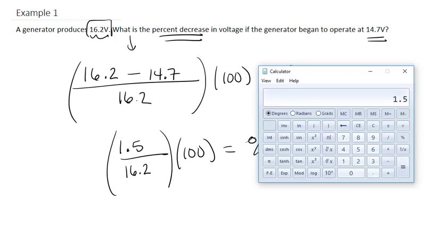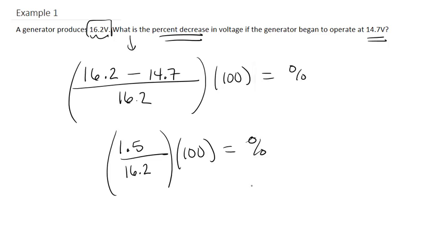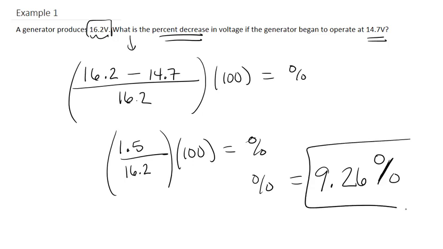So we have 1.5 divided by 16.2. So that's 0.0925 multiplied by 100 to get us the percent, and we get 9.26. So our percentage is 9.26% for the percent decrease in the generator.